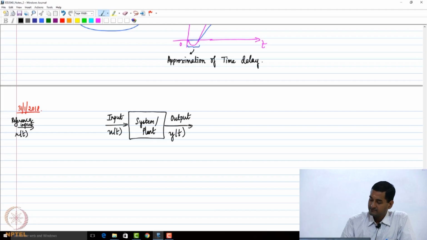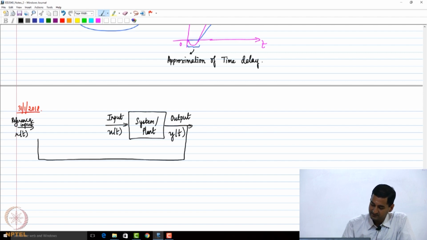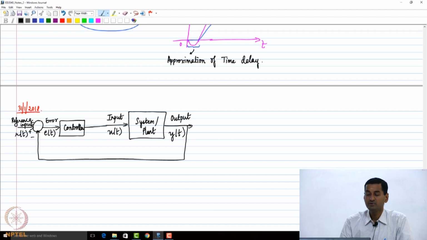And then what we do is the following. We essentially look at the output, sense it, give it as feedback, and then compare what we want with what we have. And then we get an error, let's say denoted by e(t), and this error is passed through a controller which then calculates the control input.